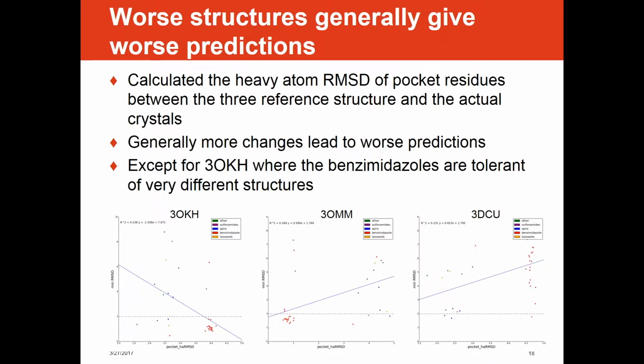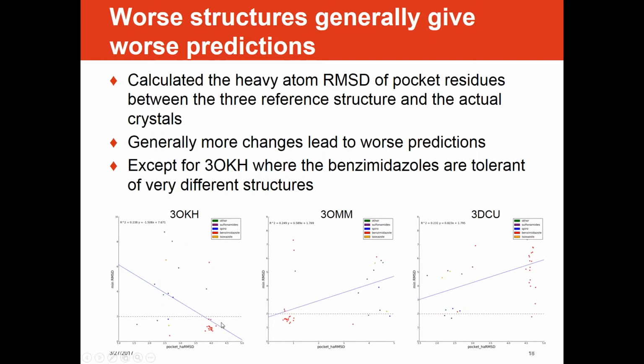I was also looking at the differences between the structures that I used to make the prediction and the actual crystal structures released afterwards, to see whether my predictions correlated with differences in the structure. In general, for these two, this line slopes upward, saying that structures that are more different generally give you worse RMSDs.